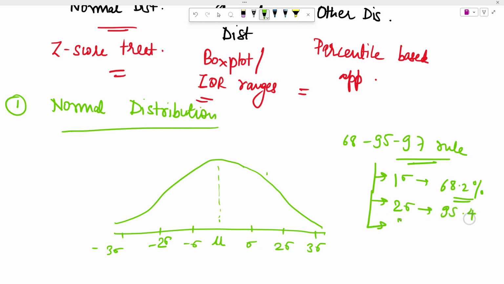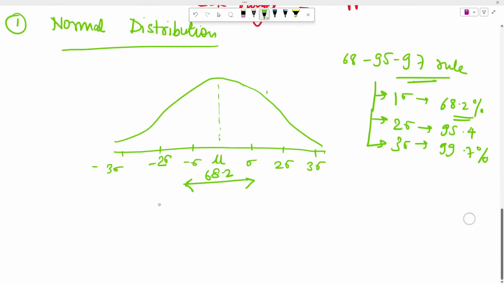And for three standard deviations, around 99.7% of the data is present. So if I plot, one standard deviation would be around 68.2, two standard deviations would be 95.4, and three standard deviations would be 99.7.